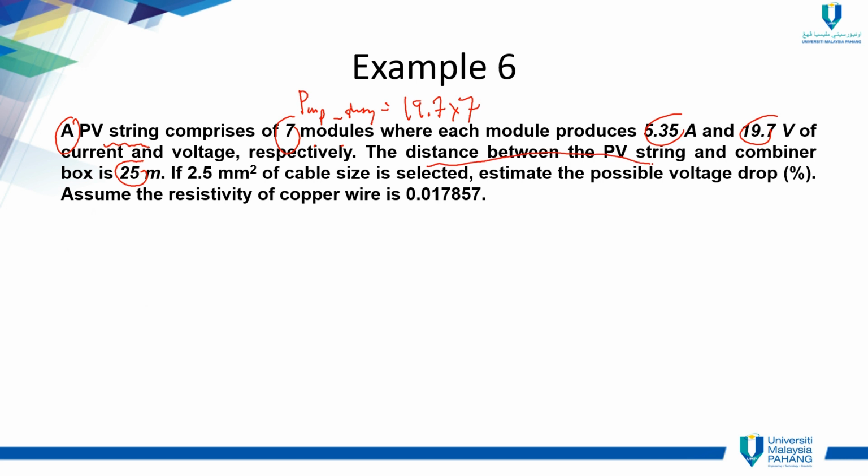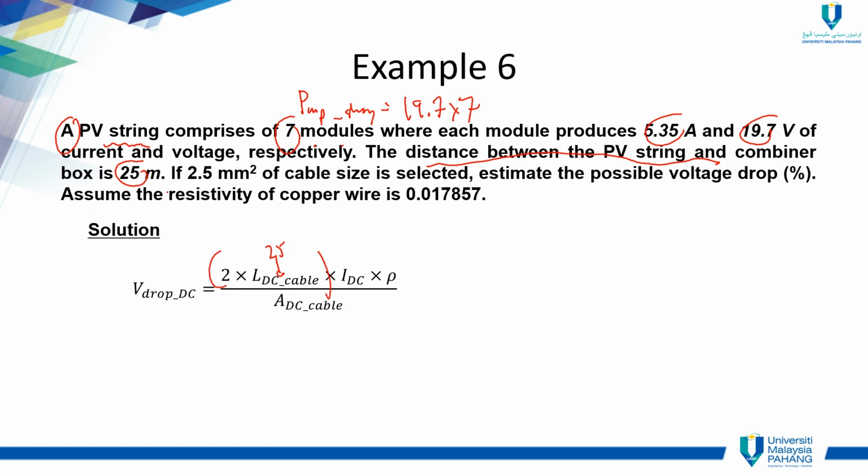The distance between the PV string and the combiner box is 25 meters, so it remains 2 multiplied by 25, because the distance is 25 meters. If a 2.5 millimeter square cable is selected, estimate the possible voltage drop percent. Assume the resistivity is the same value.